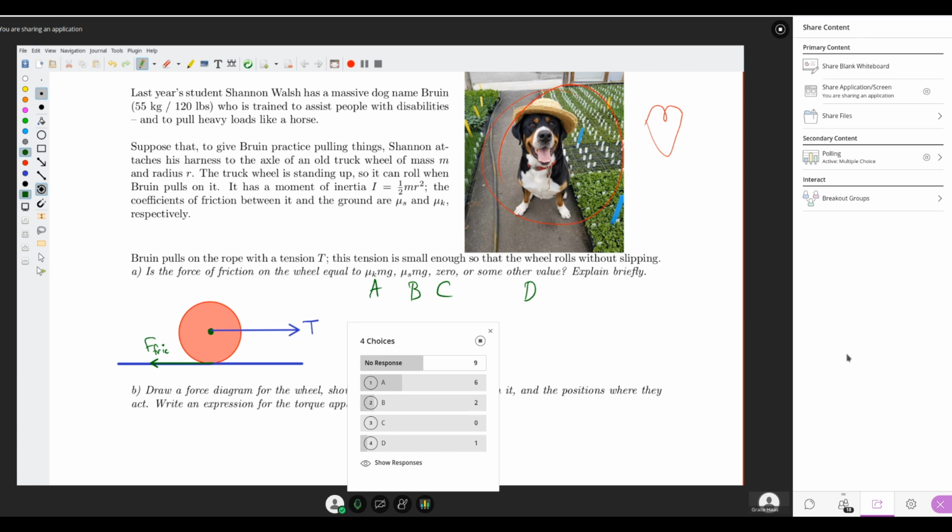And choice D is something else. What I'll remind you is that choice B here is the maximum value of static friction. It doesn't necessarily need to be that big. Remember, mu_s mg is just the biggest static friction could be.